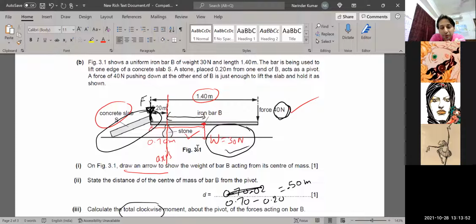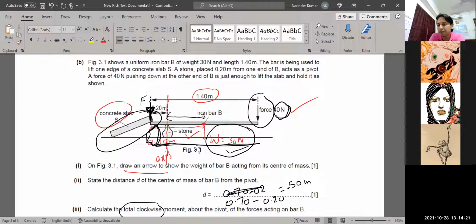So this pivot, the stone, should move to the left side. It means if you keep the stone near the edge, because this is the distance we have to increase from the pivot point to the force we have applied. If I move the pivot, or the stone, to the left-hand side, R will increase.